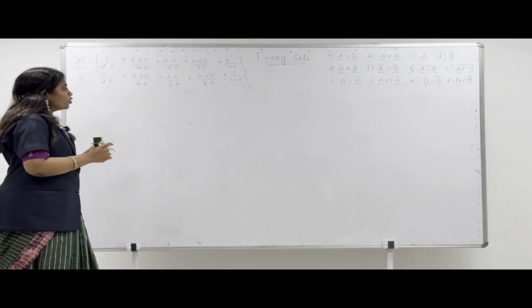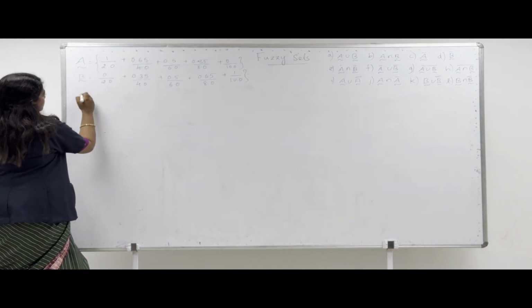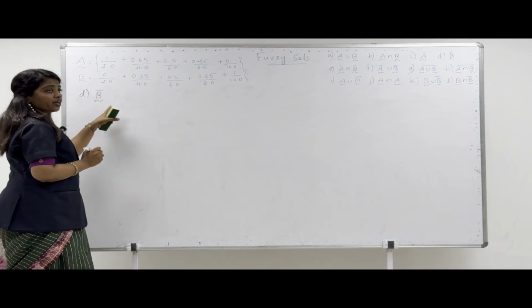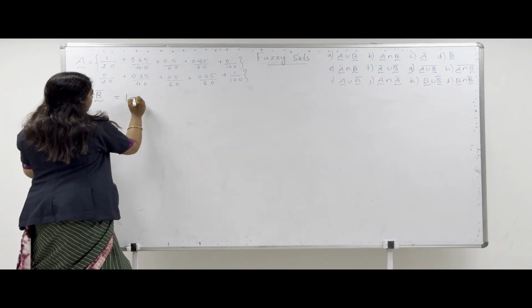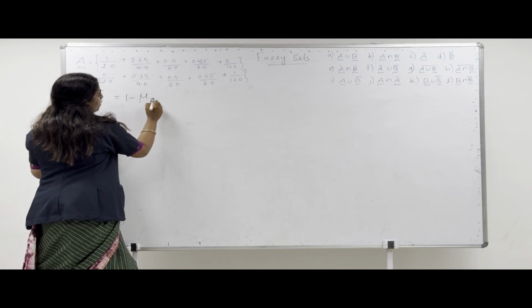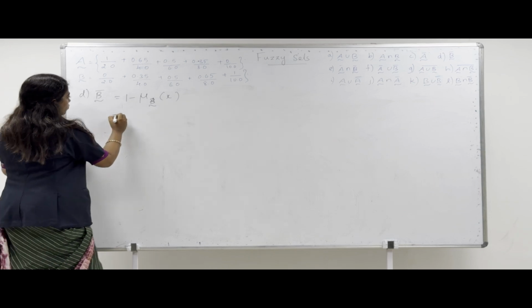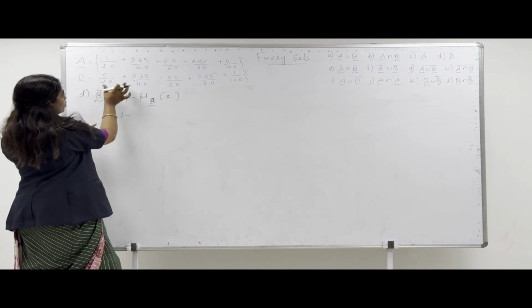Okay. The fourth one we have to find, that is B bar. The formula is 1 minus membership B of x. So, the value is 1 minus, what is the value?